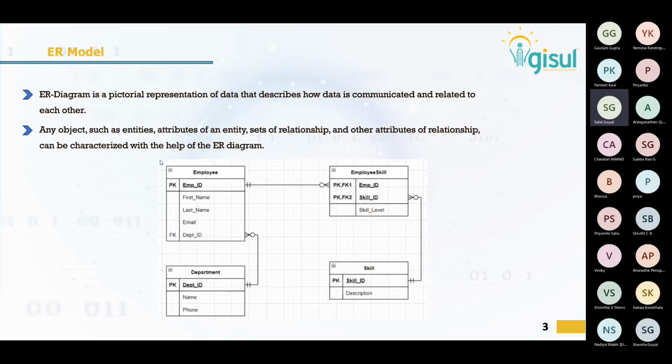Then next, we are going to talk about a very important concept, which is the ER model. ER basically stands for entity relationship. Now, what is an entity? So you have a table employee which is linked to another table department. So these are the two entities you have. Now you can see between the employee and the department table, we are defining the relationship based on the department ID.